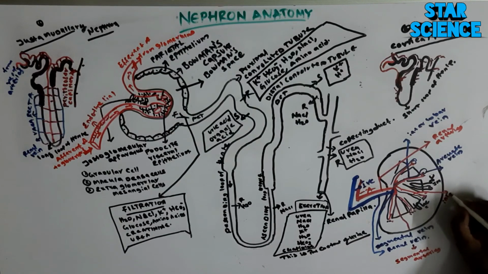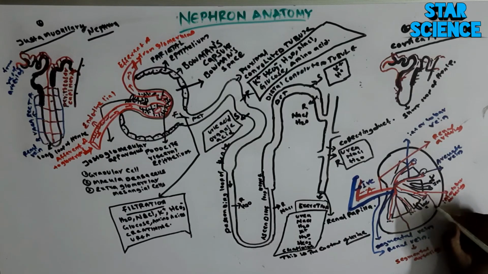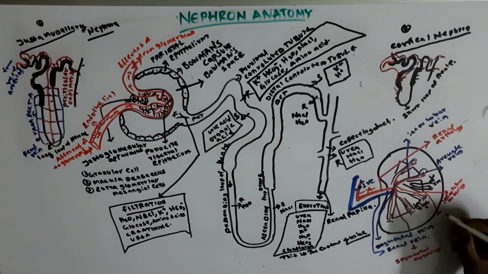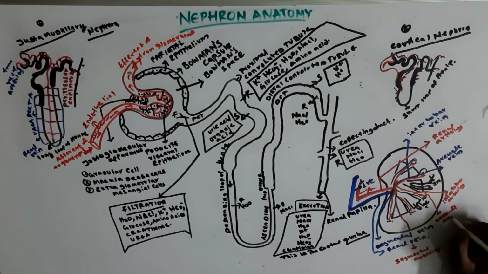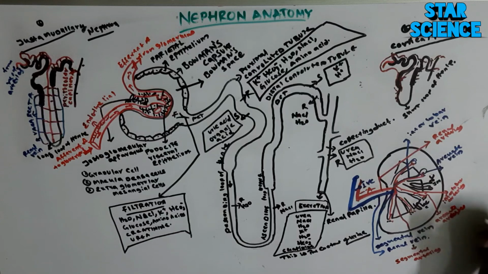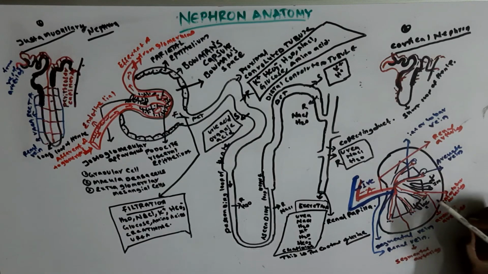From there it gives branches in between the renal columns, called the interlobular artery. After that it comes near the cortex region, where you can see the nephron structure, and there it is called the arcuate artery.